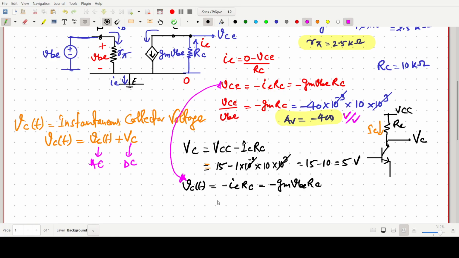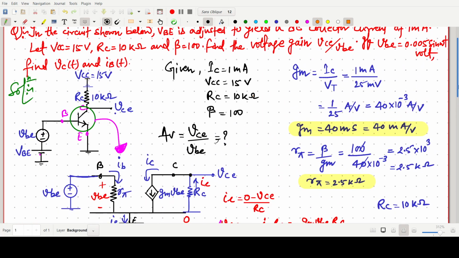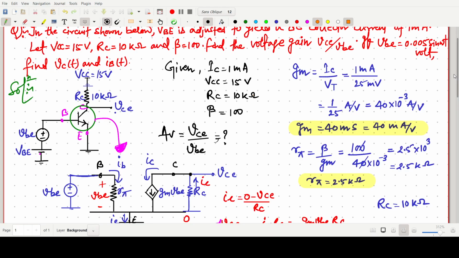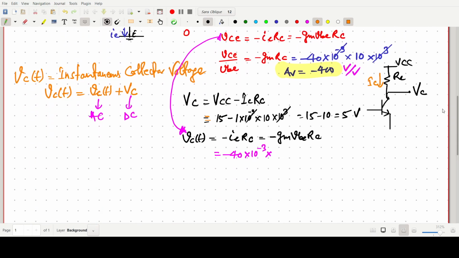So now one can write minus GM, whose value we have already found as 40 millisiemens, so GM is 40 into 10 to the power minus 3, times VB. In the question it is very clearly mentioned that the small AC voltage VBE is 0.005 sin omega t, the base emitter junction AC voltage.